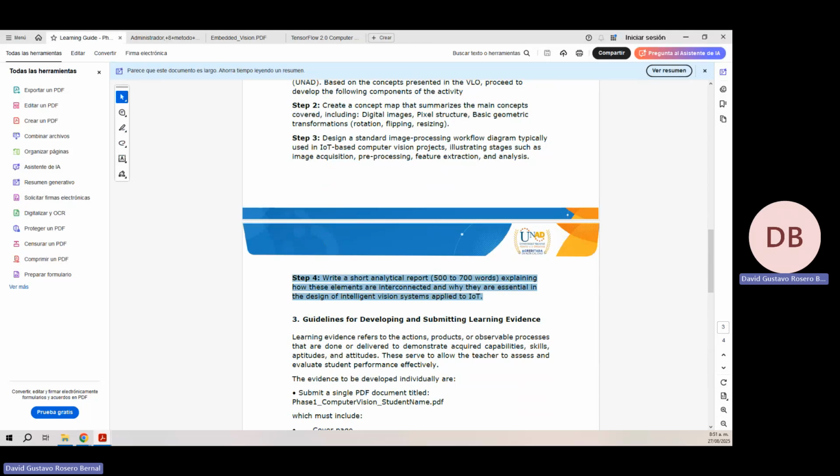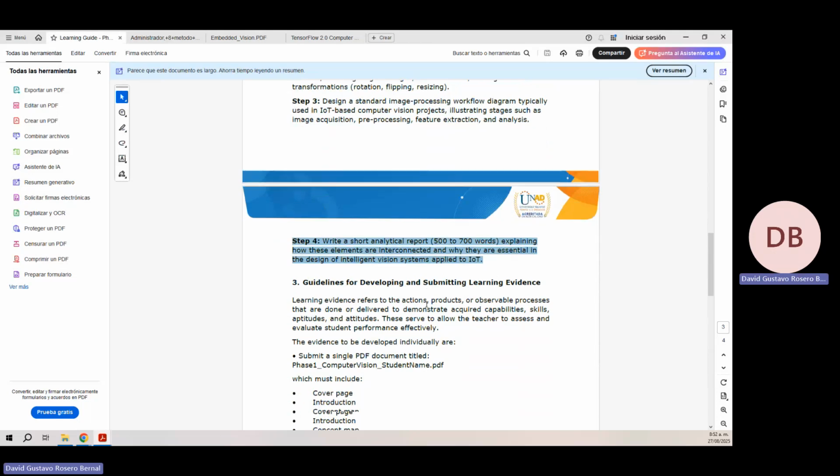And then the application in IoT, with examples in agriculture, disease detection, security, smart cameras, healthcare, diagnostic imaging, and industrial autonomous robots for quality control. And finally, the conclusions reflect on how combining classical and modern approaches prepares us to design robust vision systems for IoT environments.